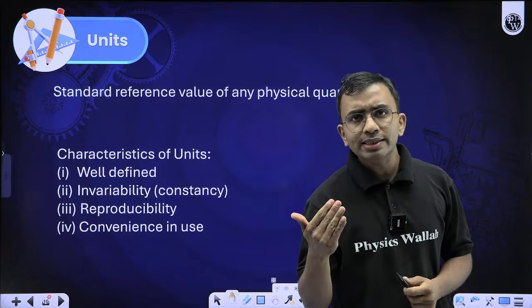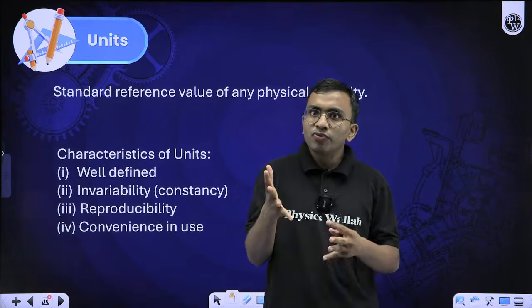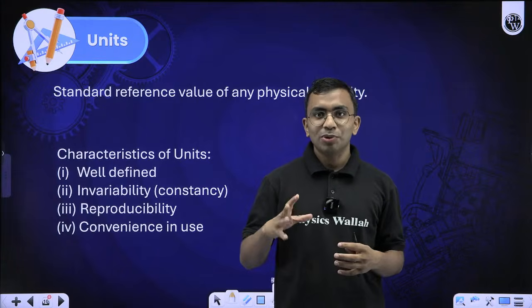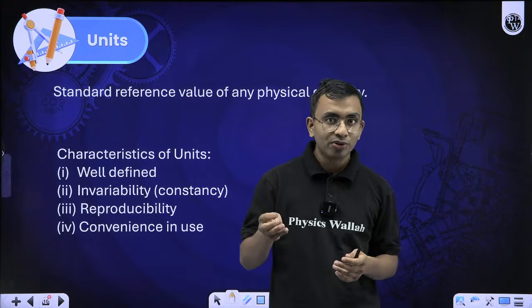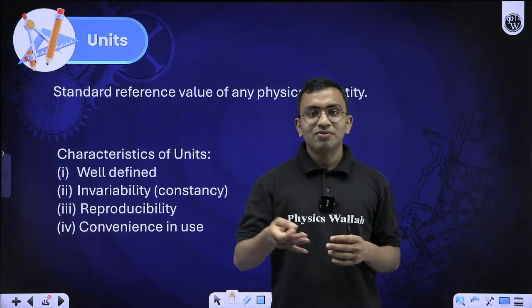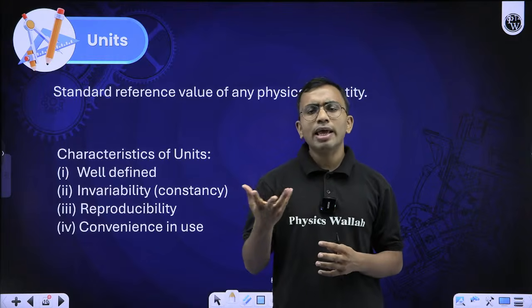Now physical quantities have some units. They may have multiple units, like for mass we have kg, gram, microgram, milligram, and like that we have pound. So many units are there for any physical quantity.